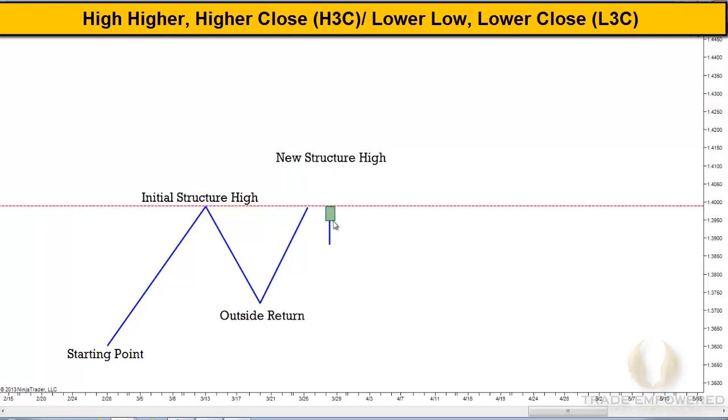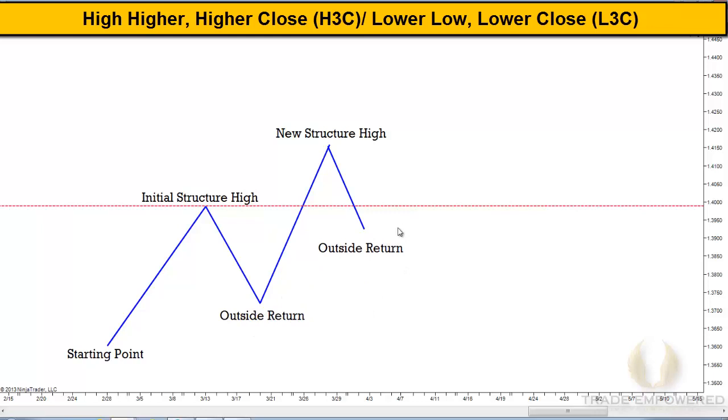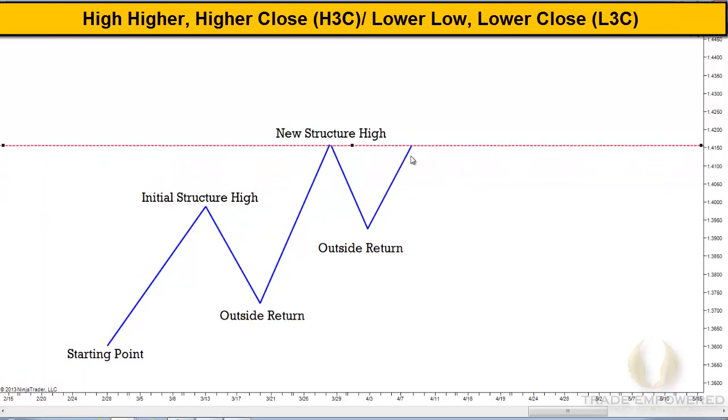And this same principle is going to go for every new structure high or new structure low we create. So if we create a new structure high here, we come back, we get an outside return. Once we come up to test this new level, again, that higher high, higher close candlestick principle is going to determine whether this trend is going to continue or if we're going to see a reversal or consolidation.